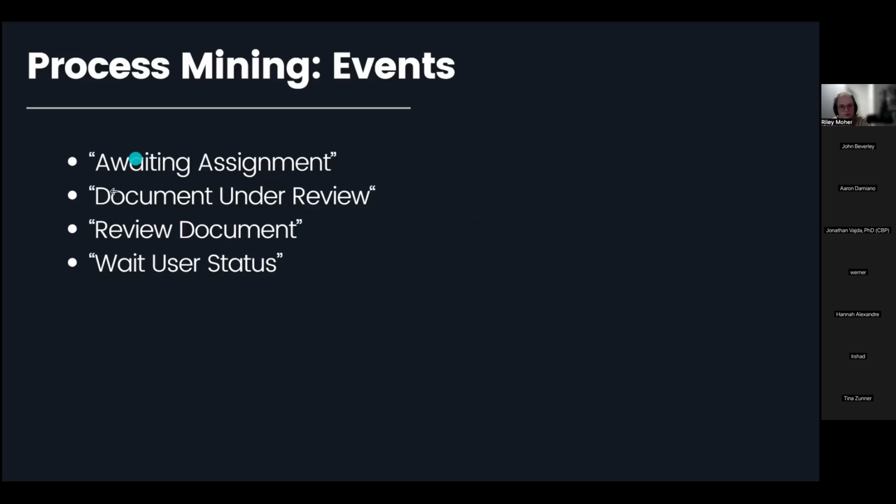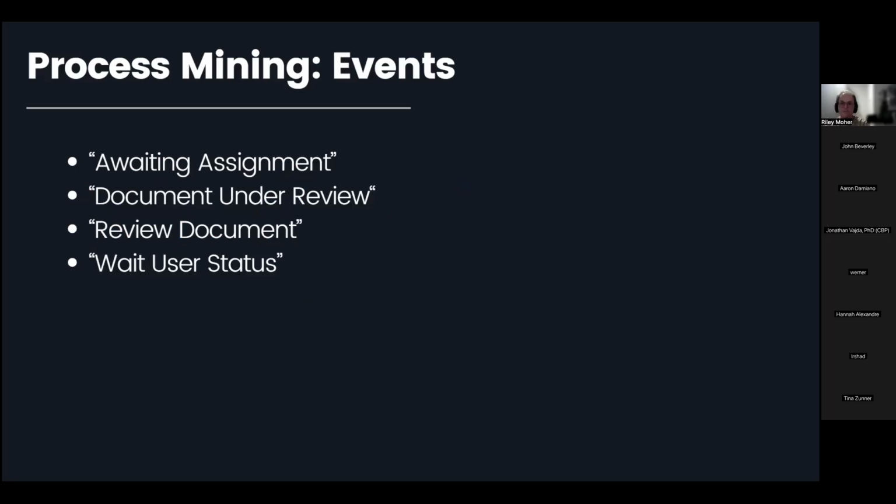So these are all real world examples taken from real enterprise process data sets, event logs. We can see things like awaiting assignment, document under review. So these elicit a little bit more of that status, a state-of concept, whereas review document, for example, might be more of a process step.